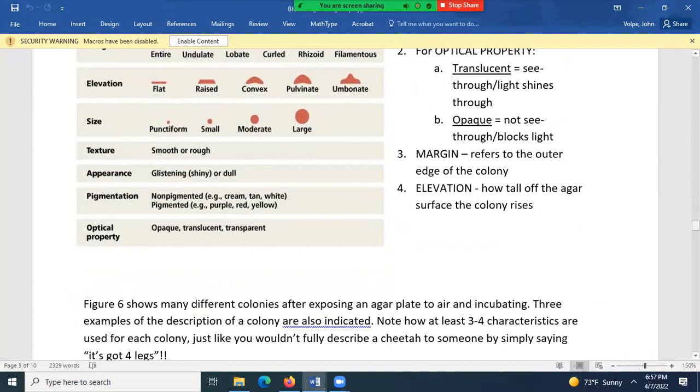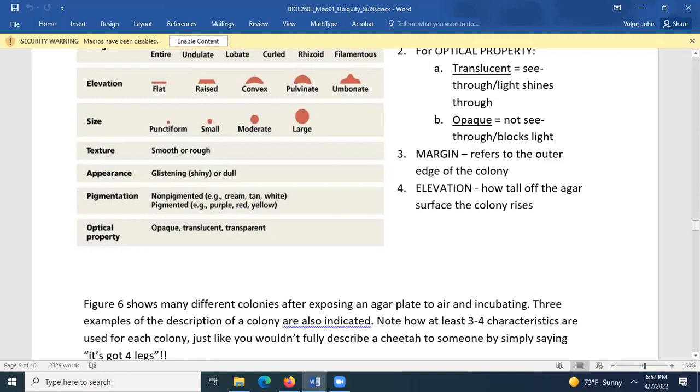Pigmented or non-pigmented: a pigmented colony is one that has color. If you can see color, purple, red, yellow, it is pigmented. If it's not colored, and that could be cream, tan, white, off-white, we call those non-pigmented.